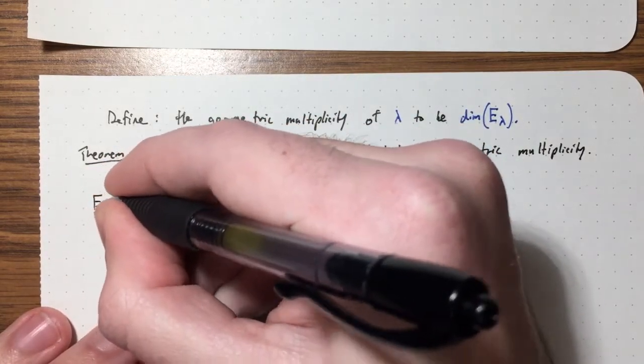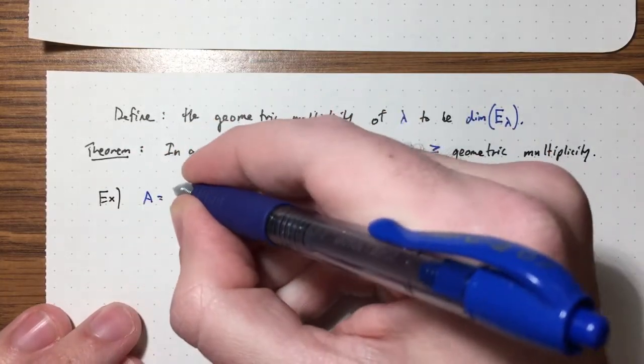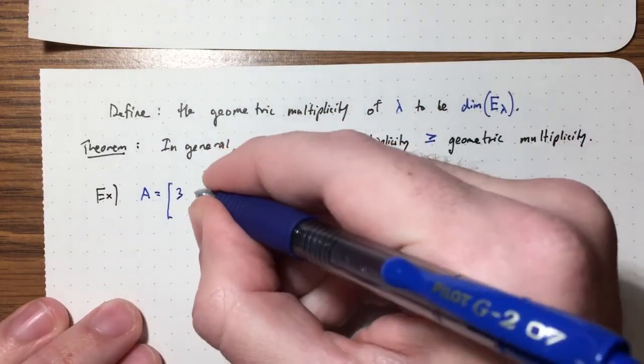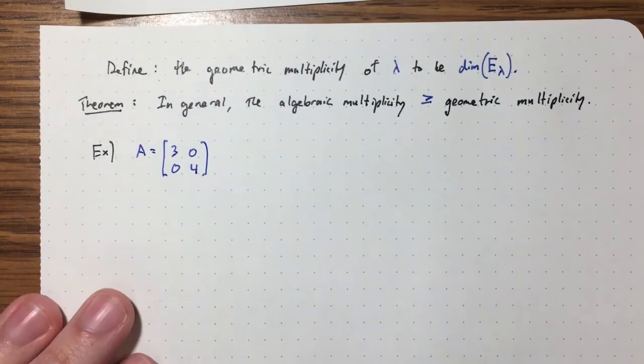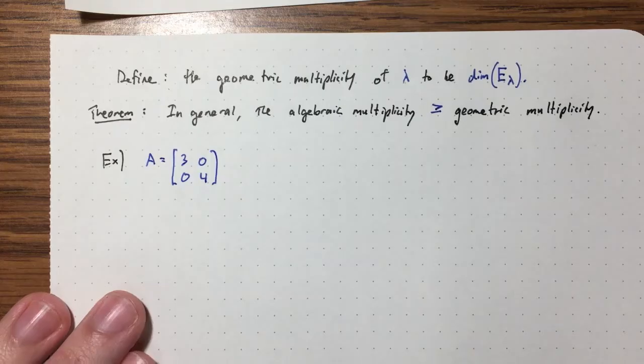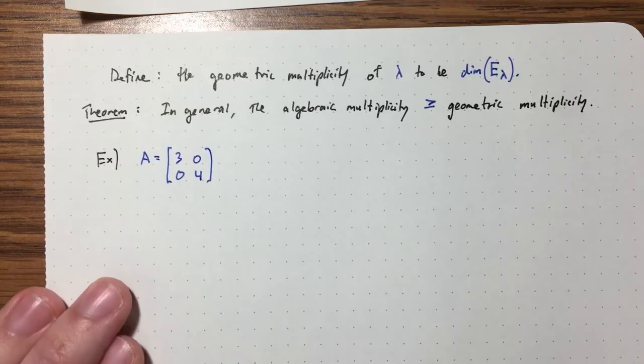So let's just look at some examples, because again, you can't really understand these concepts until you do a bunch of examples. So how about this matrix? Can you tell me the eigenvalues and the eigenvectors?